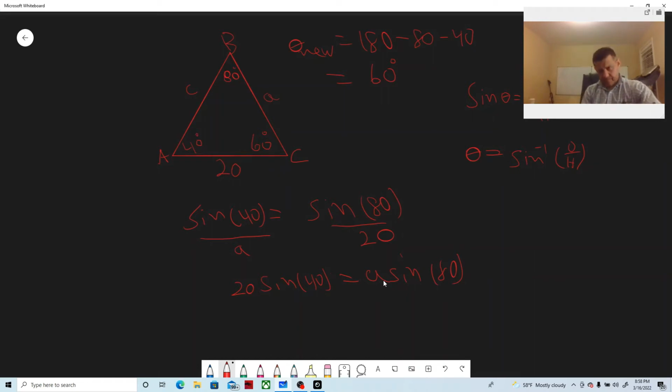Let me do it step by step. I'm going to divide by sine of 80 on both sides, so that cancels, this cancels, and I get sine of 80 on this side.